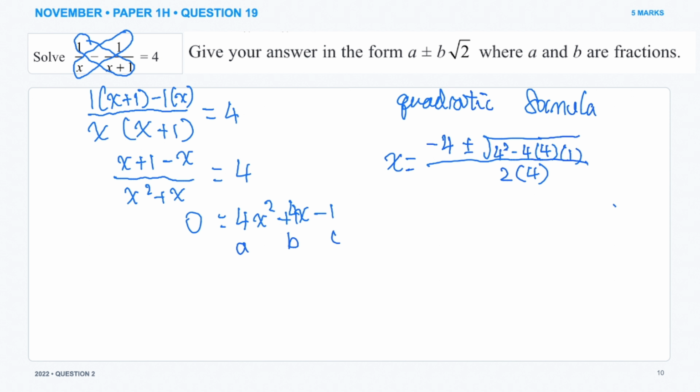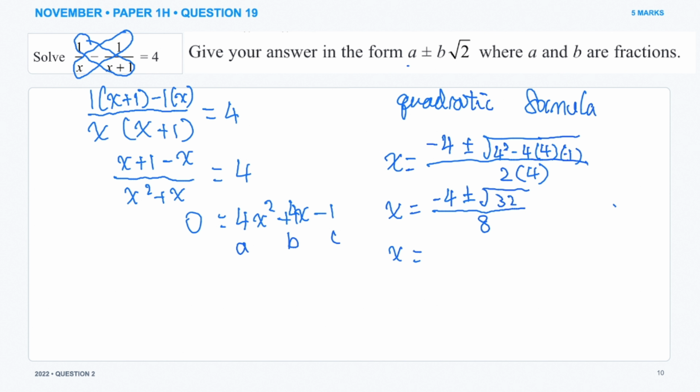That's equal to x. So x is equal to negative 4, add or minus square root of 16 minus 16 times negative 1, so that's going to be 16 plus 16, so positive 32, all over 8.